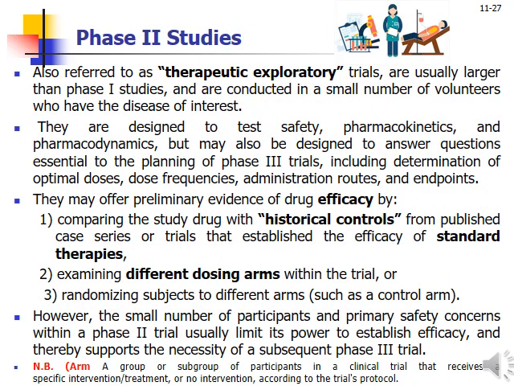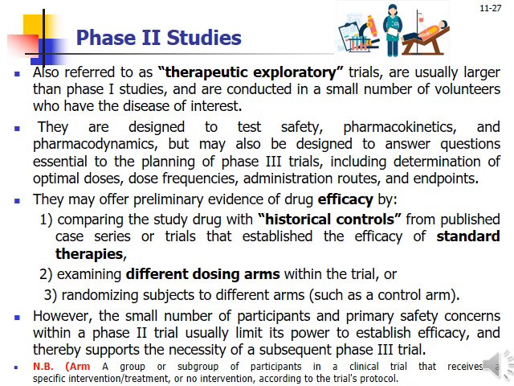Phase 2 studies, also referred to as therapeutic exploratory trials, are usually larger than Phase 1 studies and are conducted in a small number of volunteers who have the disease of interest.